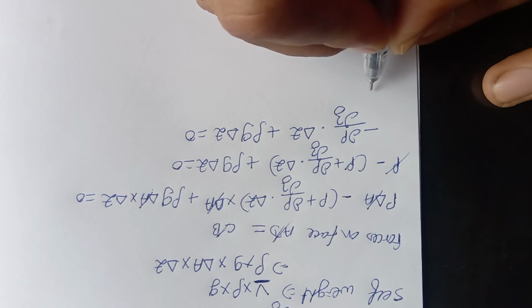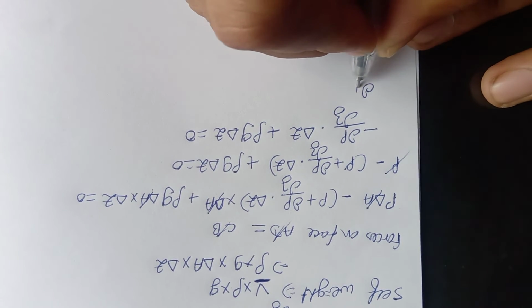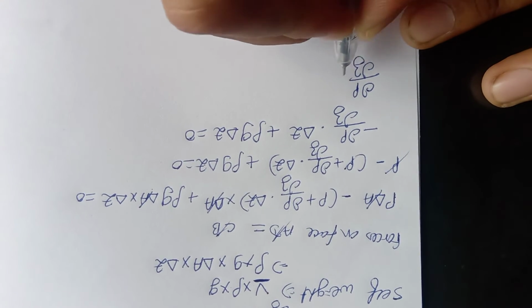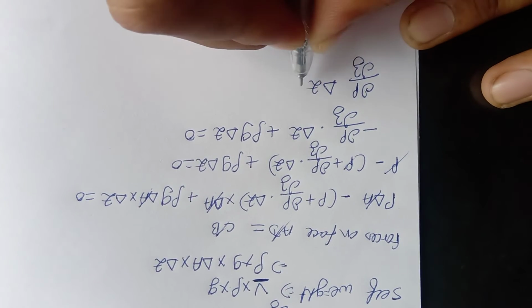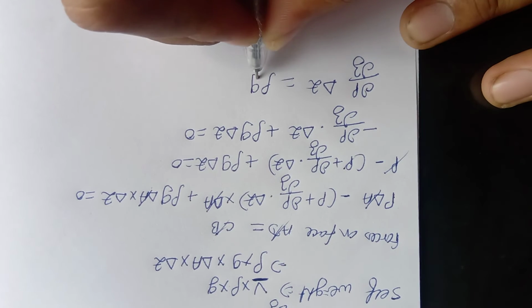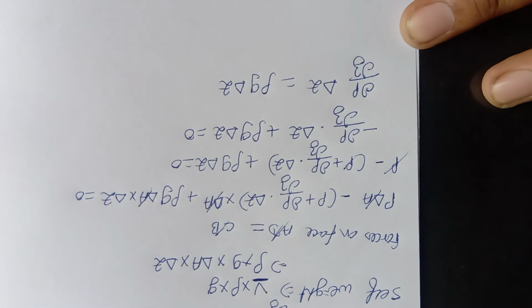This P gets cancelled, so the remaining is minus dou P by dou Z into delta Z plus rho G delta Z equal to 0. So dou P by dou Z into delta Z is equal to rho G delta Z. Any doubt?